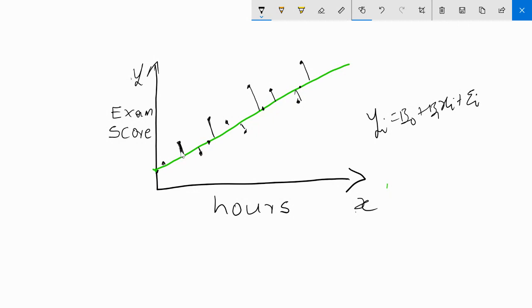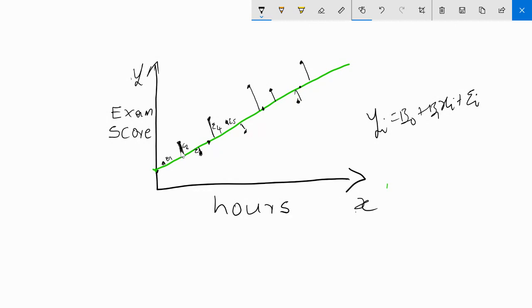So that distance from the line to this point here will be our E1, and then this one will be our E2. This will be E3, or epsilon 3, because it's not an E, it's an epsilon. So this is epsilon 4, epsilon 5, like that.